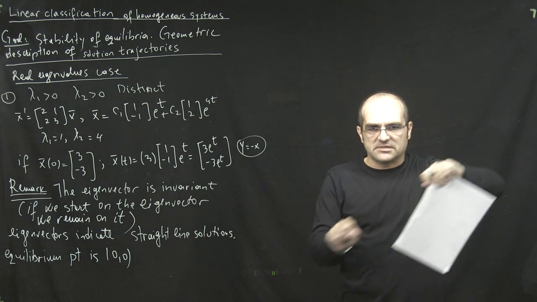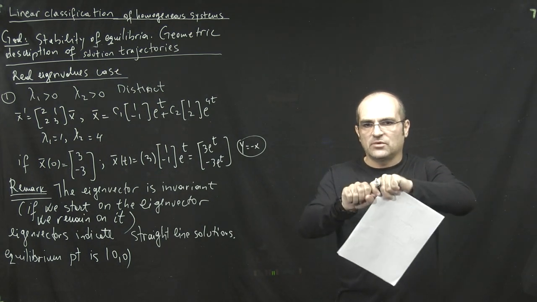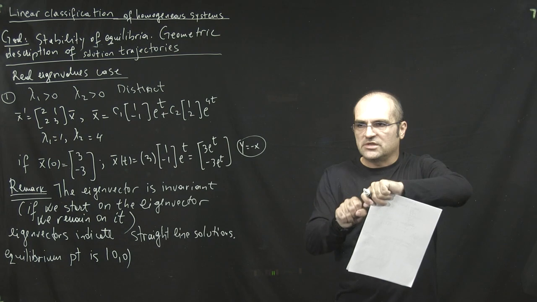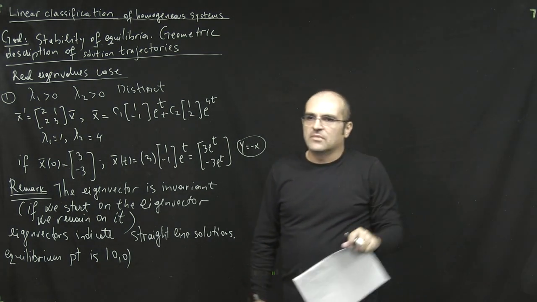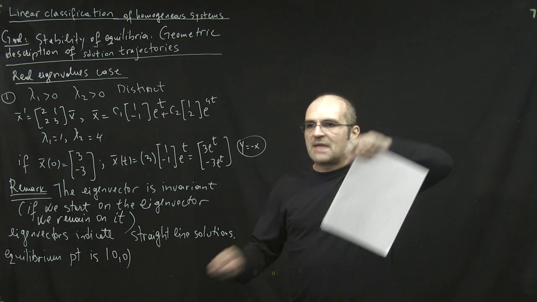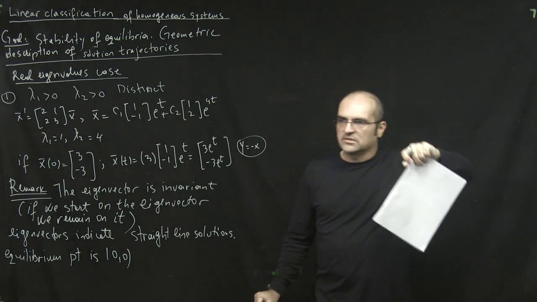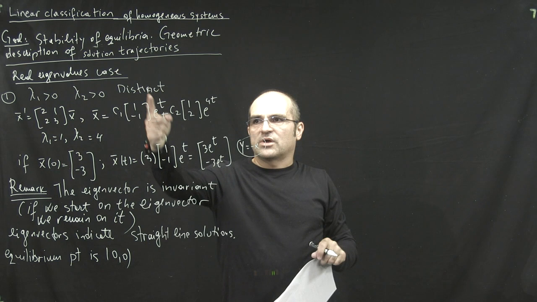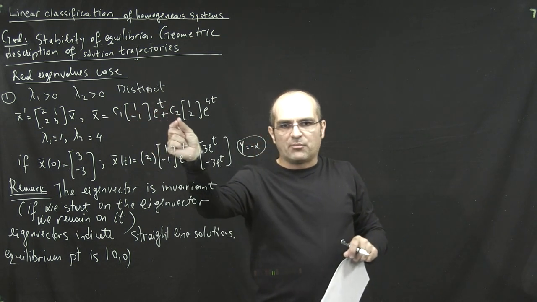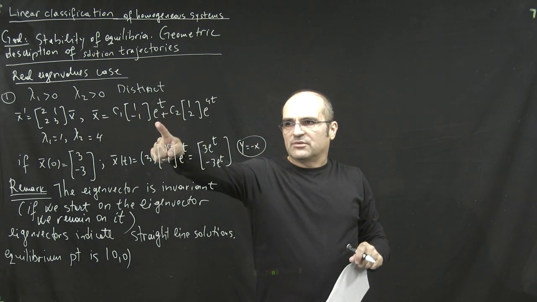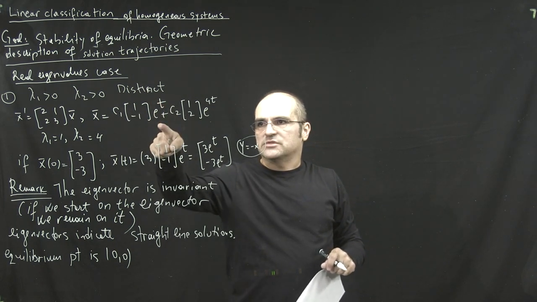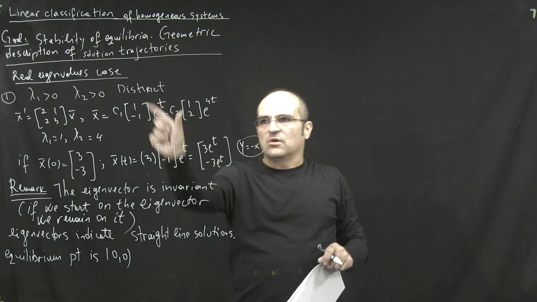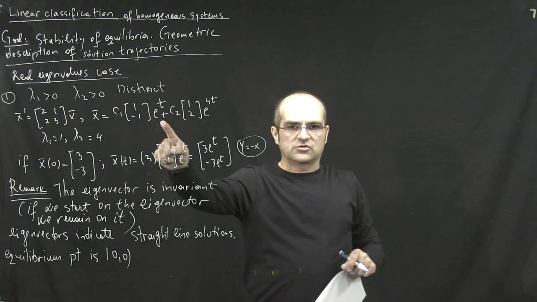When t goes from 0 to infinity, in forward time, the solution moves away from the equilibrium point because lambda is positive. Of course, if lambda were negative, it would approach 0, because e to the minus infinity is 0. If you had a negative value here, this path would go to 0. As it is, it moves away from 0 because e to the t goes to plus infinity.